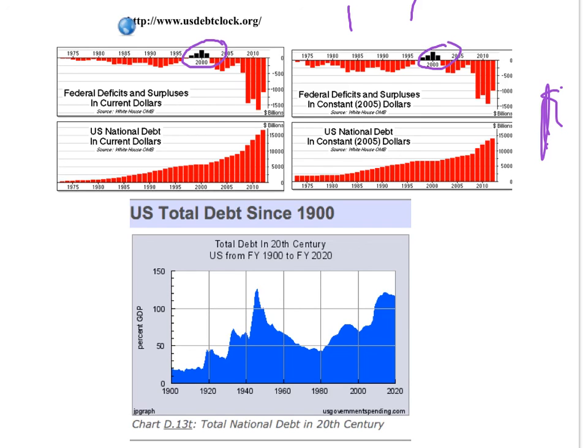So you can see we've had surpluses very infrequently and not of very large dollar value. And you can look at our national debt on the left-hand side here. Notice it says U.S. national debt, and this is true for the deficits and surplus, it says current dollars, and it says in constant 2005 dollars. We'll go into more detail about what that means.